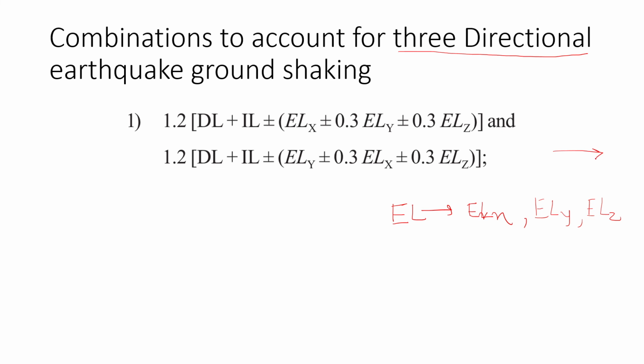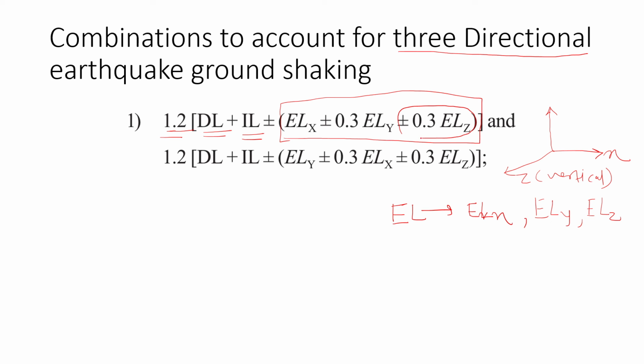Suppose x is horizontal, y is also horizontal, and z is vertical. The same pattern is there. If there is 1.2, consider dead load, imposed load and earthquake load. The only thing changing here is that you have to consider the z direction. Other things are the same.